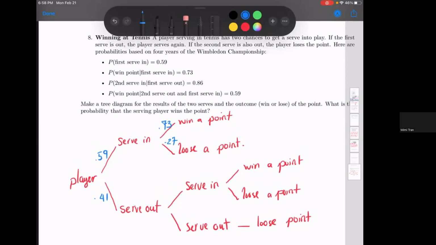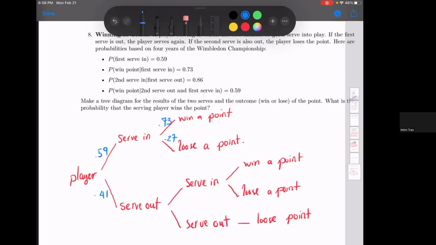Second serve out, first serve. Given that the first serve is out, second serve in: serve in, serve out, 0.86. And then if you win a point, this is 0.14, right?